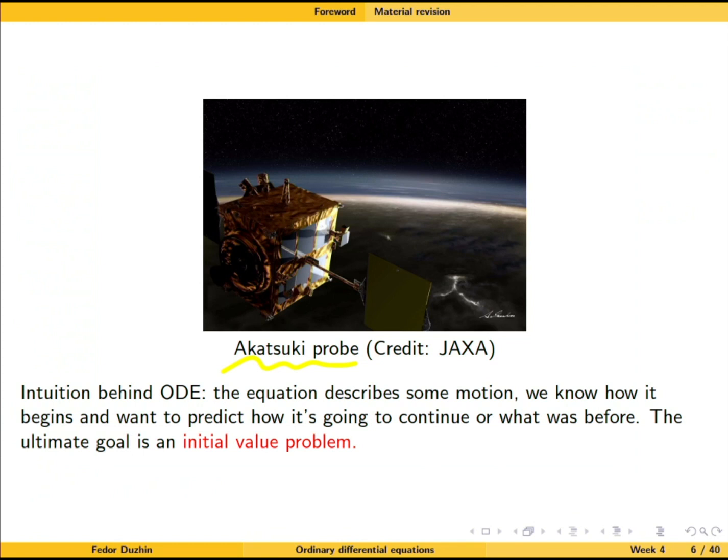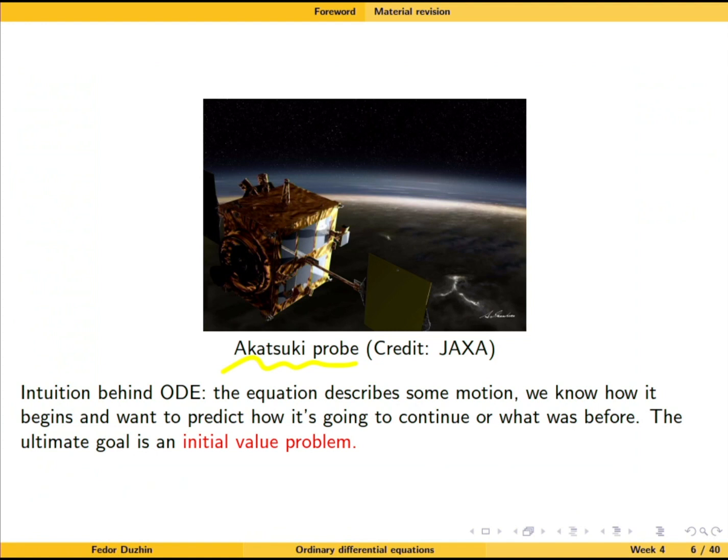But when we want to apply a force to it, in this case when we switch on the engine, it means that initially we give it a certain acceleration, right?